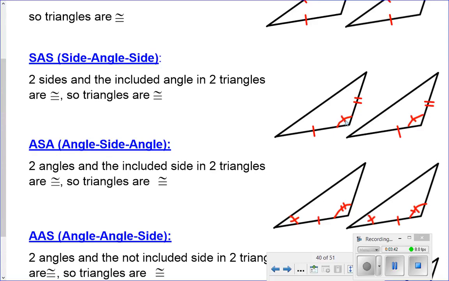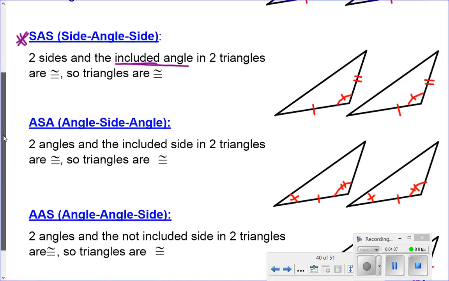The angle has to be the included angle, meaning the angle that's between the 2 sides. And of course that has to be true in both triangles. So in both triangles I have a side, the angle in between, and the side. And if that's true, then we can say that the triangles are congruent.